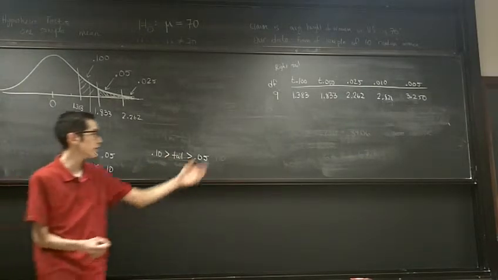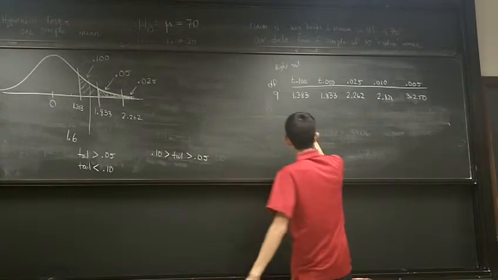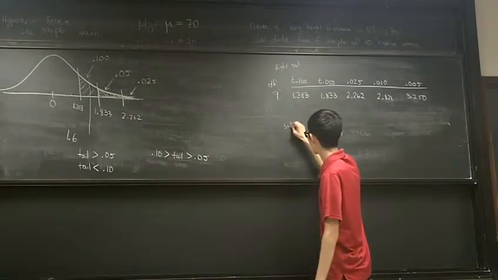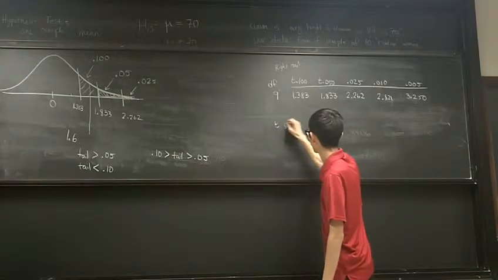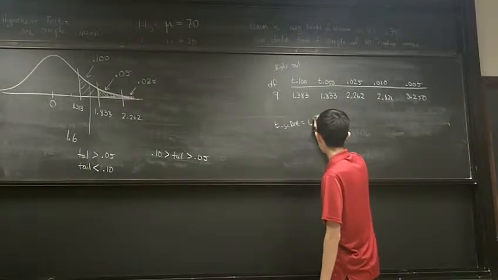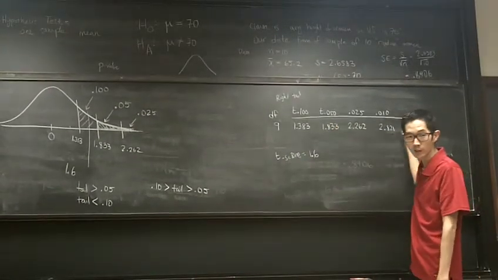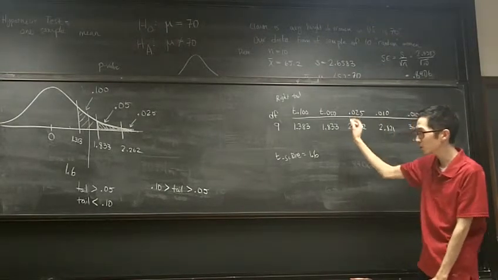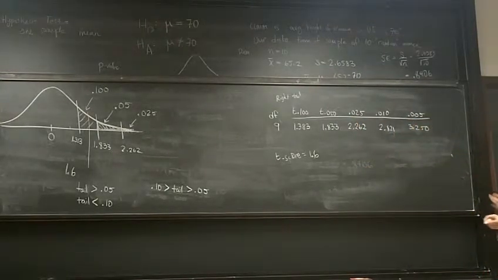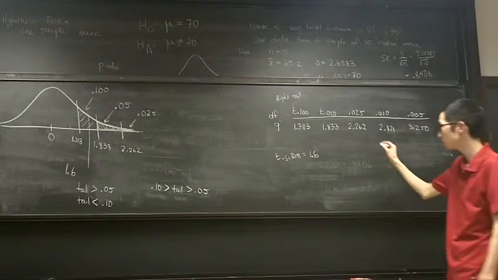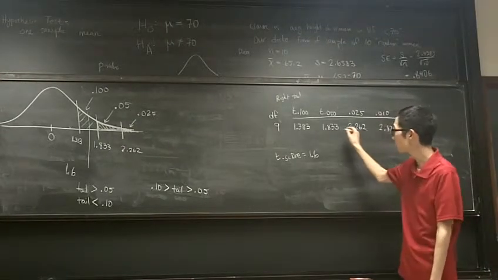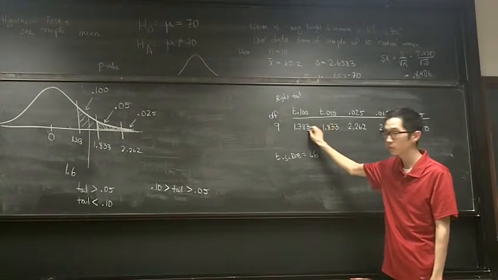Okay? And another way is if I said my t-score is 1.6, you can say, where does 1.6 fit in my number line? Okay, so for those of you for whom visual learning is not your strong suit, you can say 1.6 fits in between these two numbers.